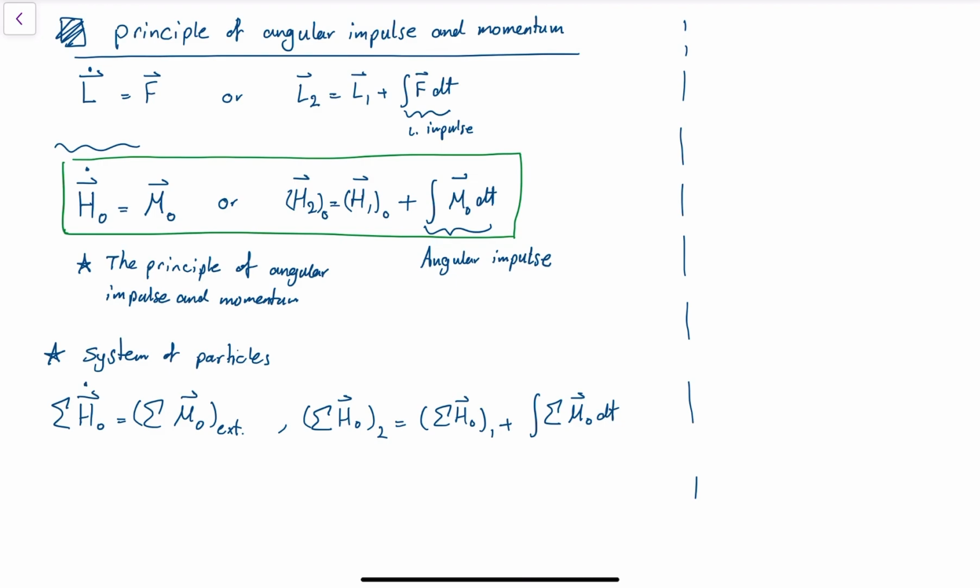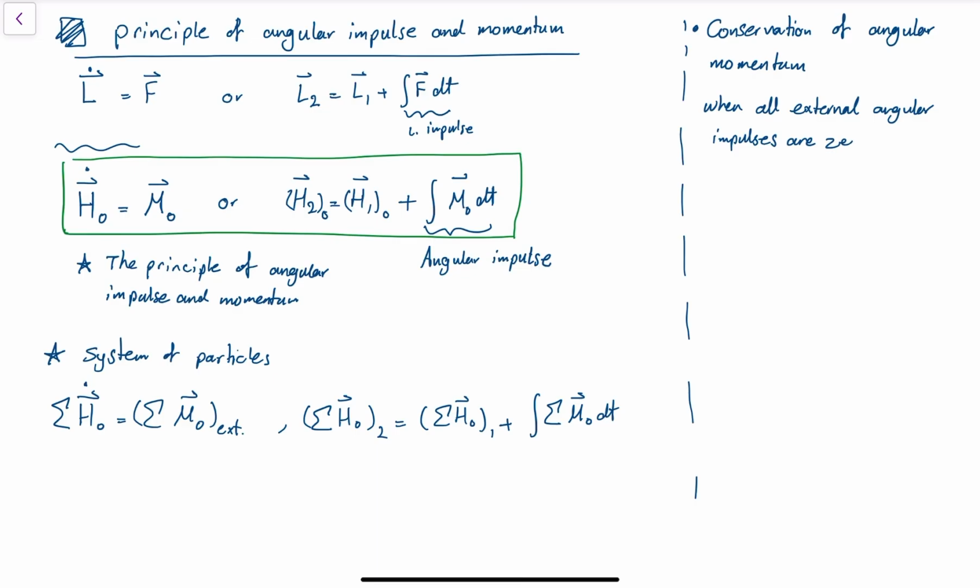And finally, what we have, probably the most useful version of all of these, is conservation of angular momentum, and that is when all external angular impulses are 0.